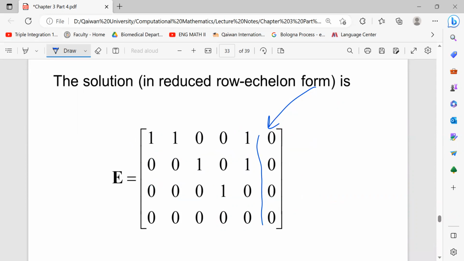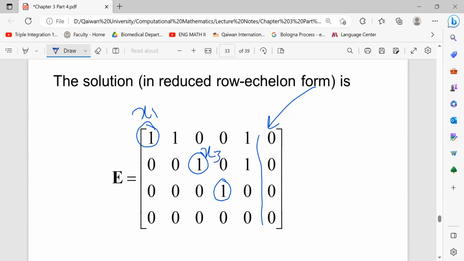So now we just select the leading variables. Look, we go through the rows. The first non-zero entries are leading entries. We choose them. This is the coefficient of x1. This is the coefficient of x3.